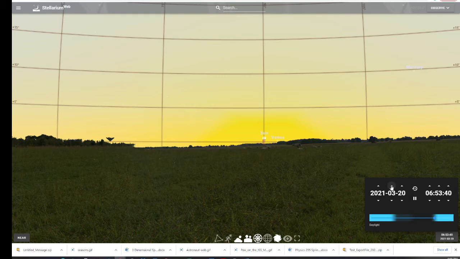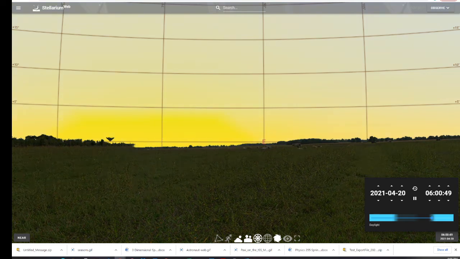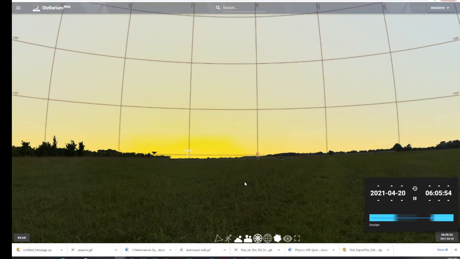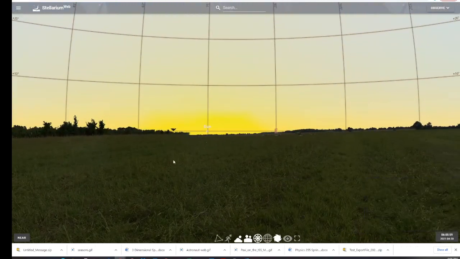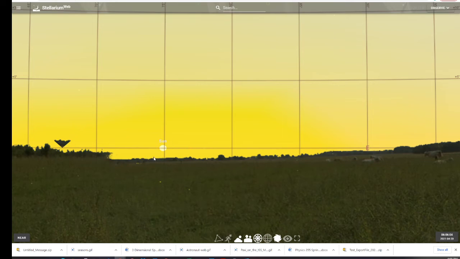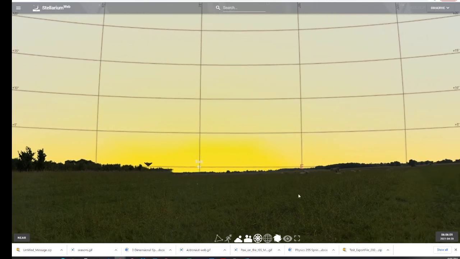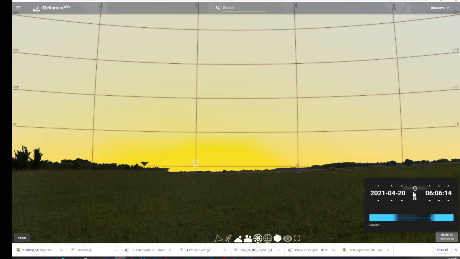So let's look at sunrise on April 20th, right? Notice that the sun is no longer rising due east, right? The sun is now shifted northeastward, to the north. So now the sun is rising northeast. Now the sunrise will shift in this direction.